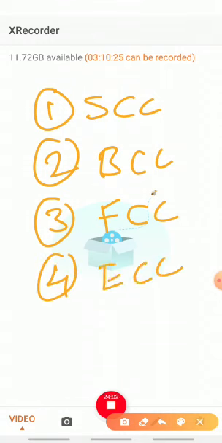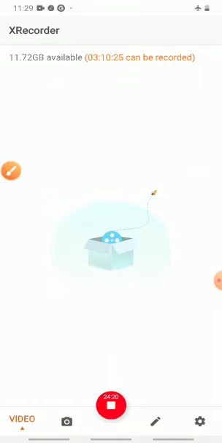SCC means simple cubic crystal, BCC means body center cubic crystal, FCC means face center cubic crystal, and ECC is end center cubic crystal. Okay, so we'll go back to our point.